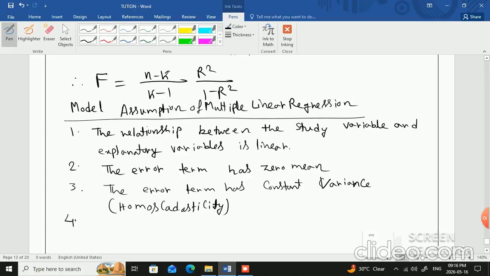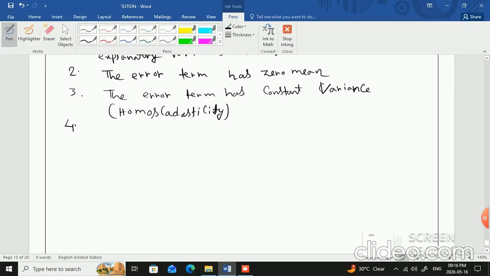Number 4, the errors are normally distributed.